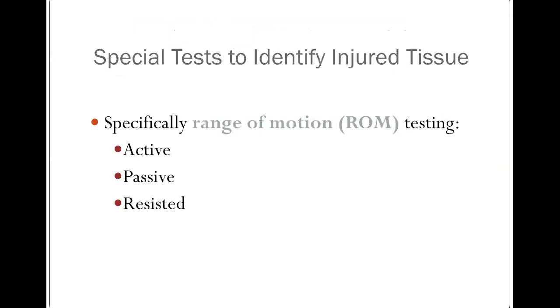Good. So the ones that you will be looking at in your online learning objective are the range of motion tests: active range of motion, passive range of motion, and resisted range of motion. So I hope you guys enjoy that lesson. It was actually lent to us from the University of Oregon, and it is a great way to look at different range of motion testing. Now, it's not something necessarily that we are going to do with all of our patients.